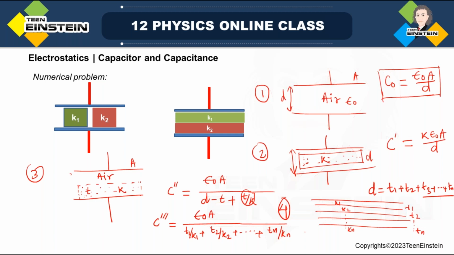So today we'll be solving a few numerical problems based on these concepts. So we have to remember the formula for capacitance for an air capacitor, when a dielectric slab is inserted in it, when it is partially filled with some dielectric material, and when it is totally filled with different dielectric materials.